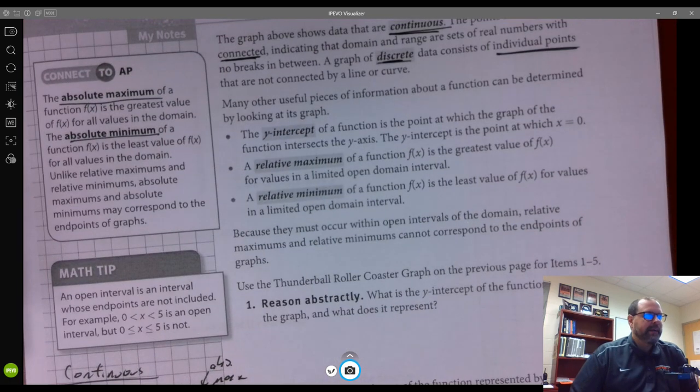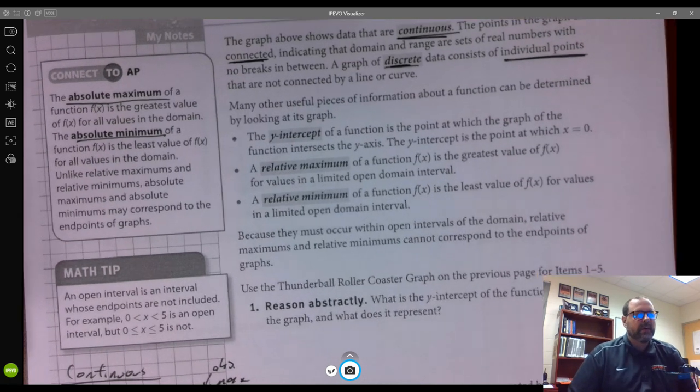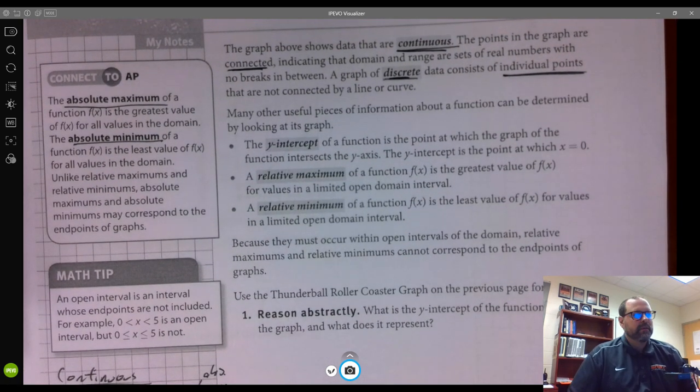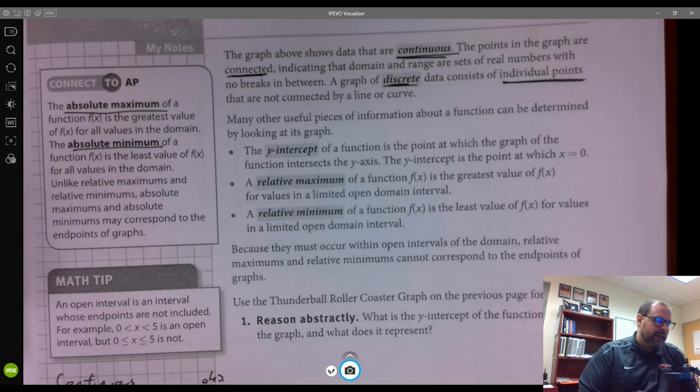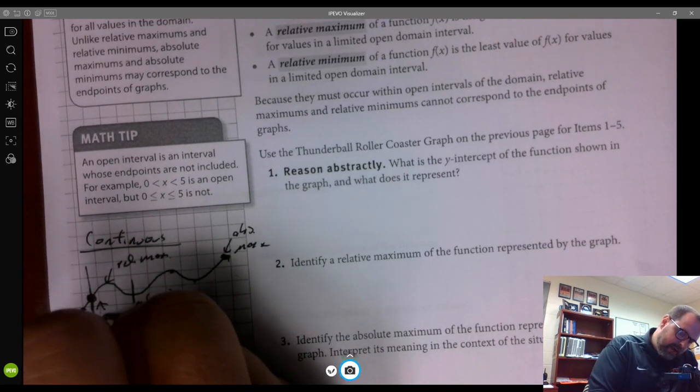Okay. Now, y-intercept is exactly like it sounds. For math, I always say we don't choose fancy words because we're math teachers. We try to keep our English simple. So y-intercept is where a graph or function intercepts or crosses the y-axis. Okay, so y-axis is the vertical axis. Here is my y-intercept.